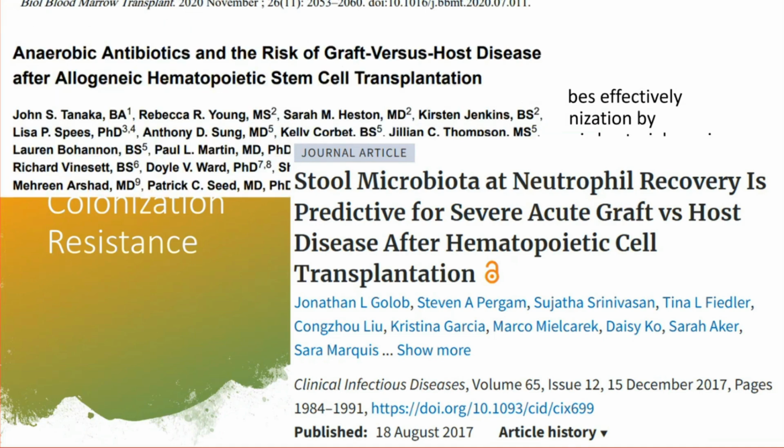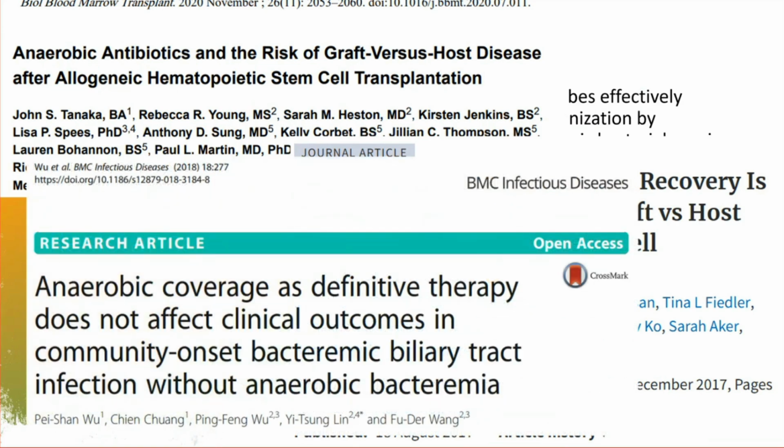Let's say, the more, again, we understand the more anaerobic antibiotics that we use in our patients who've undergone transplant, they tend to get more graft versus host disease, and other outcomes as well, right? Like community-onset bacteremic biliary tract infections. Certainly we see that a lot at Moffitt, right, with your cholangitis patients, biliary issues, people with stents.